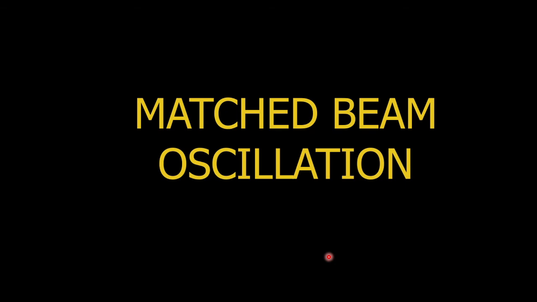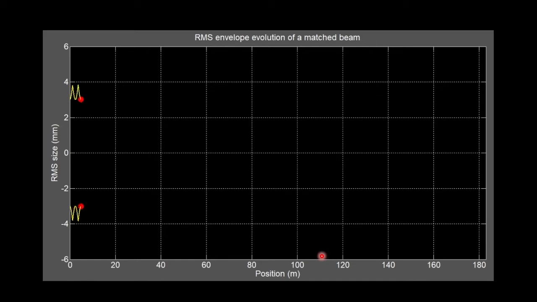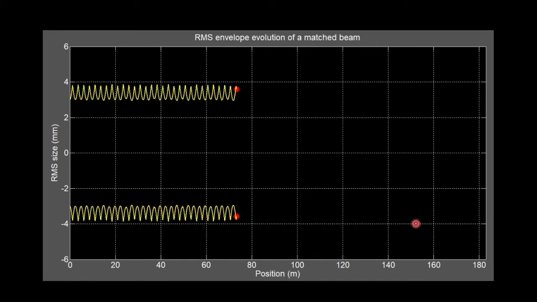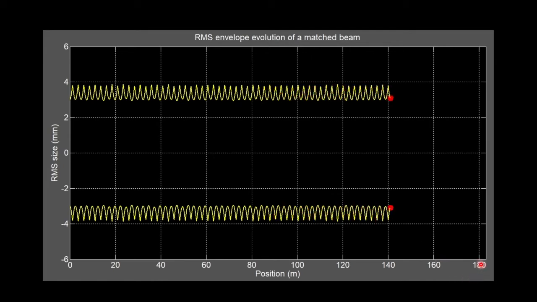Now let me show you how a matched beam behaves in a long periodic lattice that I have chosen for the current discussion. I have chosen the periodic lattice with a total length of 180 meters, and one of the periods, which I have already shown, corresponds to a drift, a solenoid, and a drift.